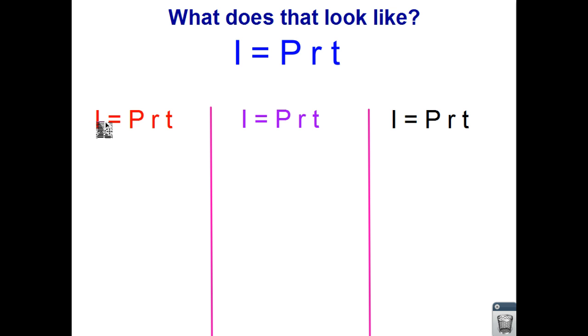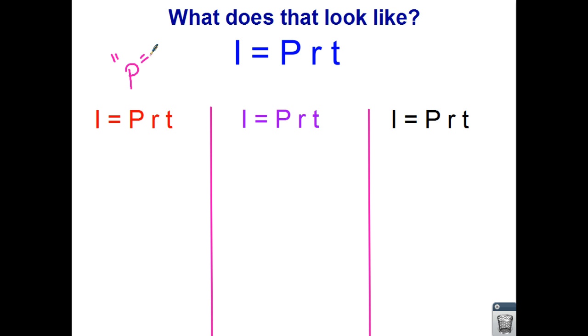So our job is to solve for one of the other 3 letters that might be missing in our problem. We don't know what it is. So let's just say in the first one, we are going to solve for the principal, the P. Okay, I'll put that in quotation marks there.